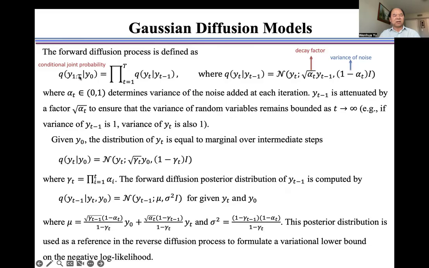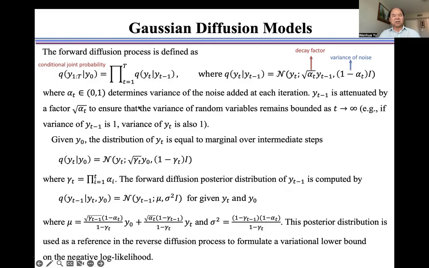This is the conditional probability of y1 to yT conditioned on y0. This transition is equal to a normal distribution with this decay factor and this variance of noise.